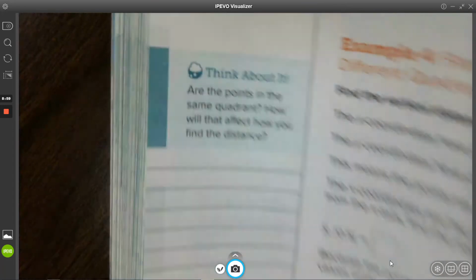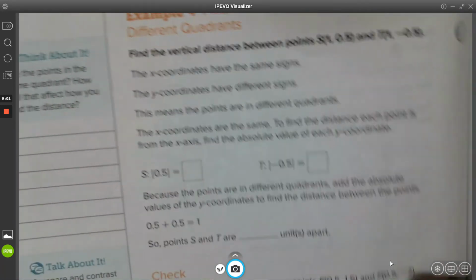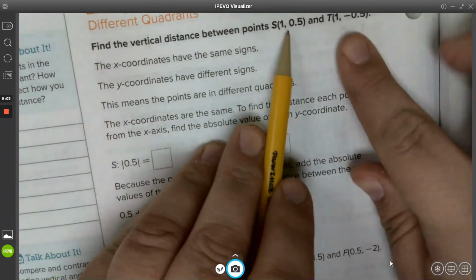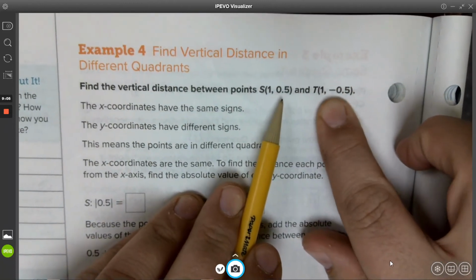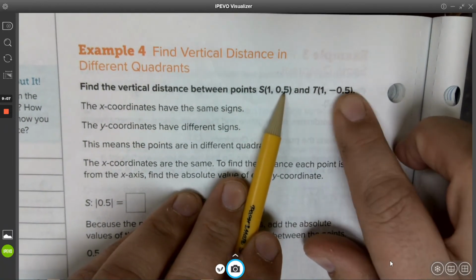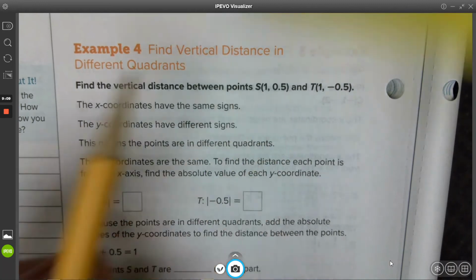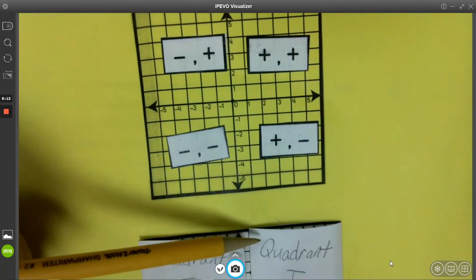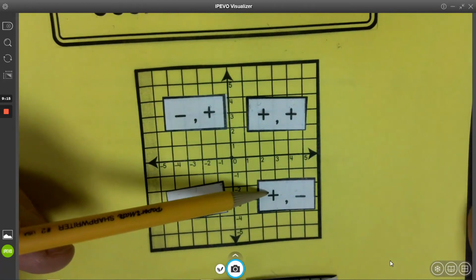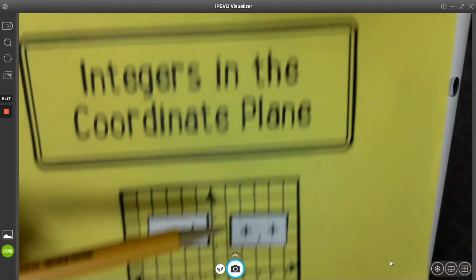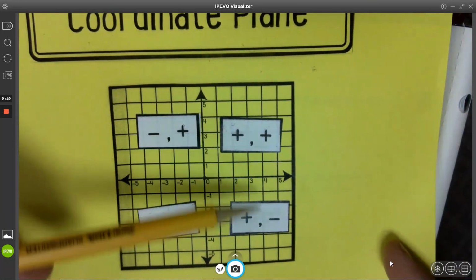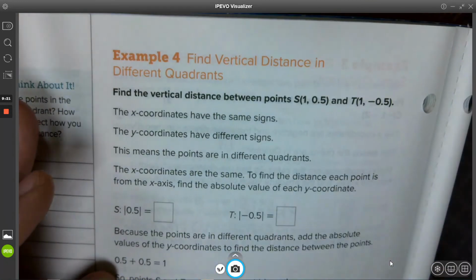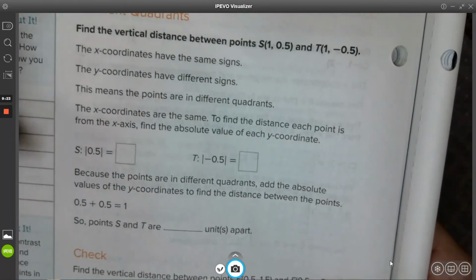All right. Let's take a look at example 4. Now looking at different quadrants. So when you have S and T, okay, positive, positive, positive, negative. So positive, positive would be here in quadrant 1. Positive, negative would be in quadrant 4. So we're moving from this quadrant down to this quadrant, finding the distance there.